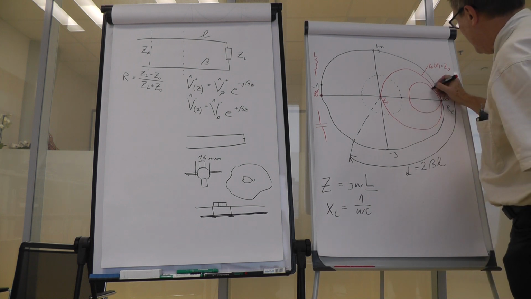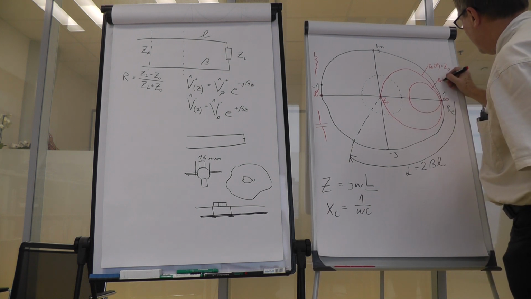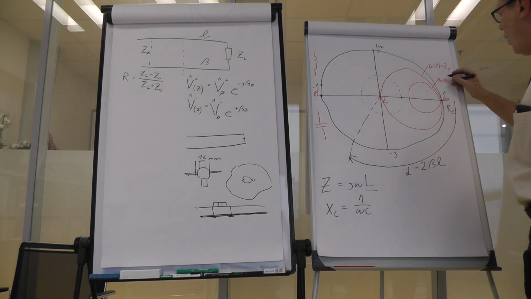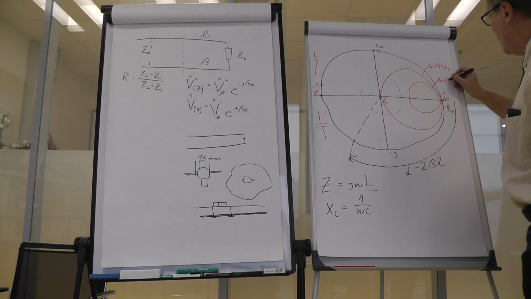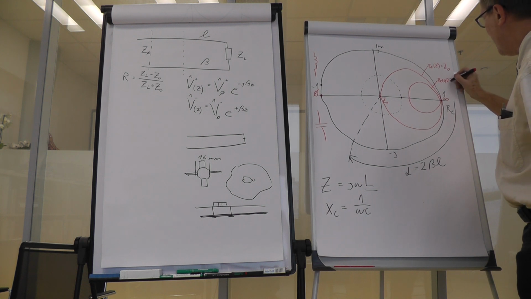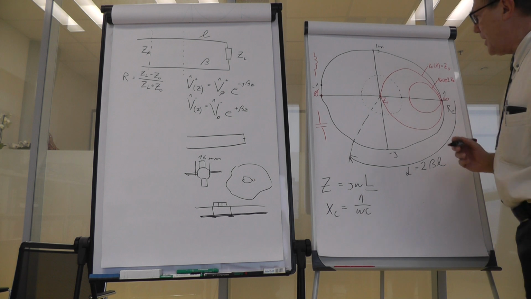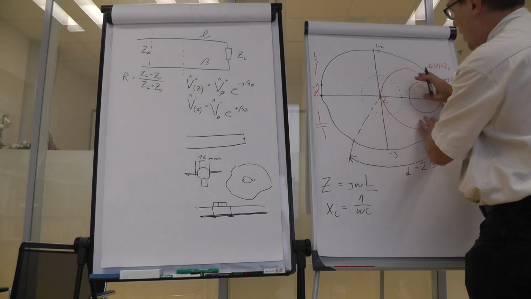This is a circle where all impedances exhibit 2z0 as their real part. So those are circles of constant real part.